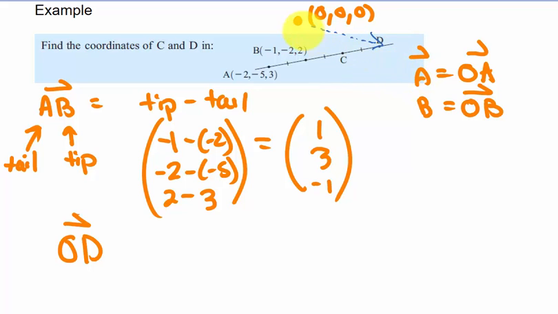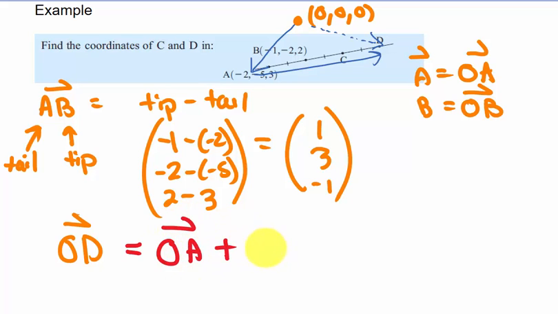How do we get there? We can't just figure out from origin to D, but we can say if we take A and we add it to AD, then it will result in origin D. So really, I'm saying origin D is the same as origin A plus AD.